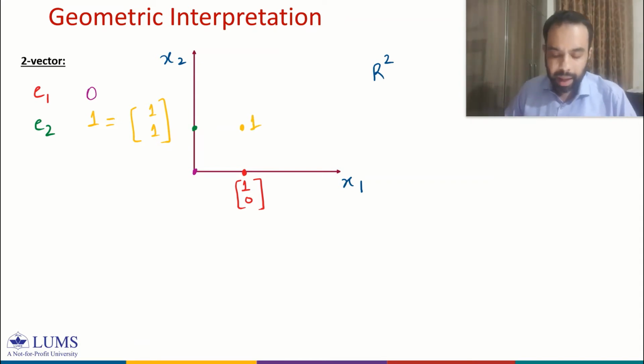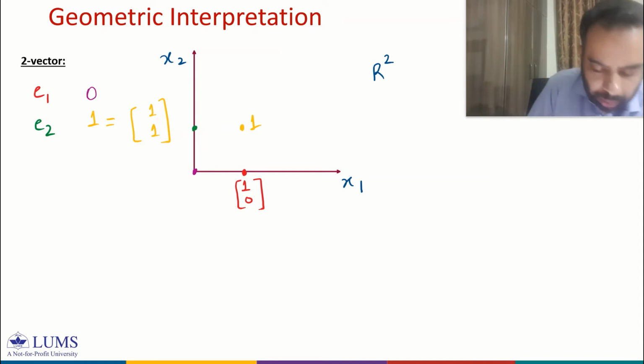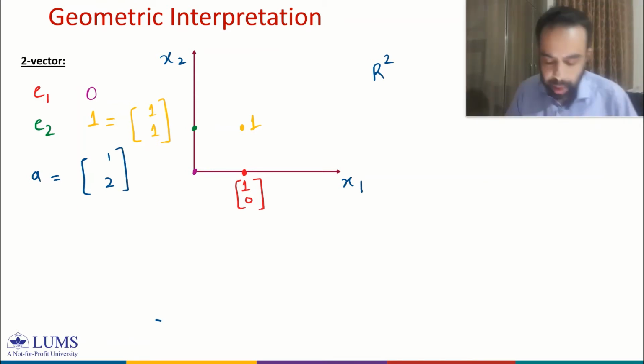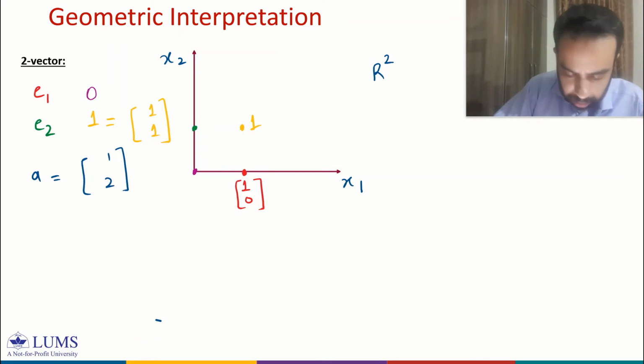In fact, any 2-vector, say we can choose some vector a equal to 1 and 2, is shown by this point here.